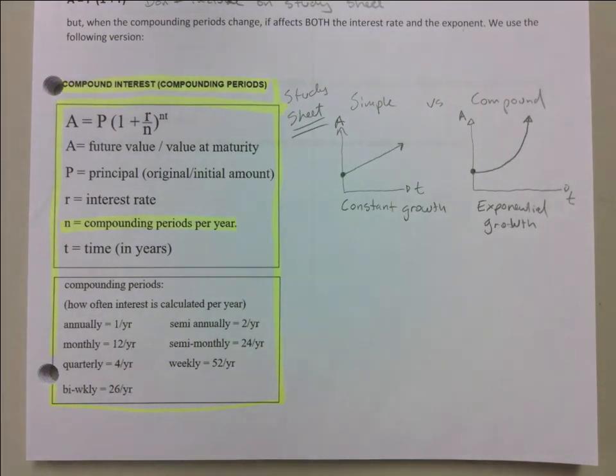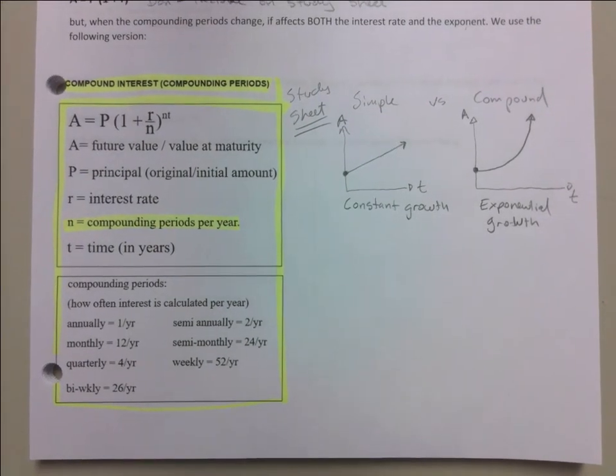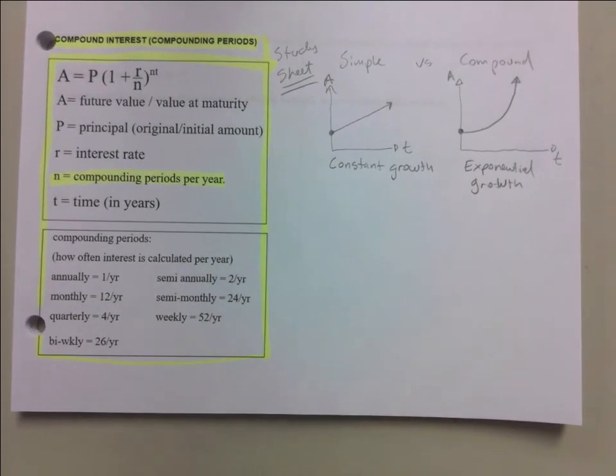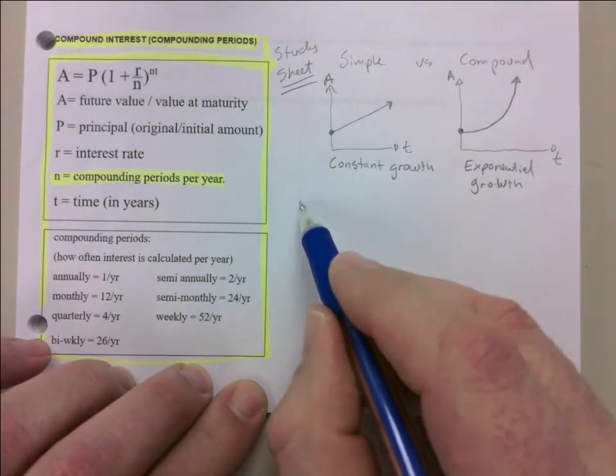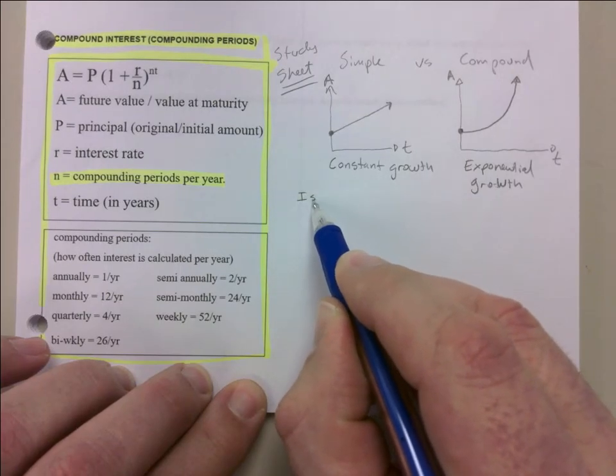Now, what I don't want you to think is that exponential is always better, no matter what. In general, yes, if everything else is the same, but I will give you an example right here. Which is better?